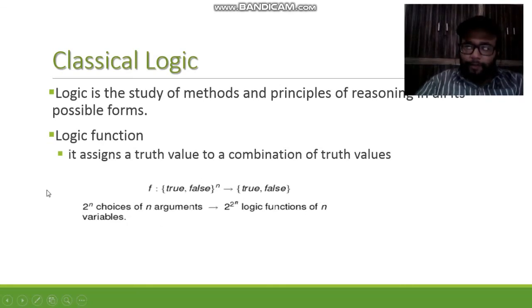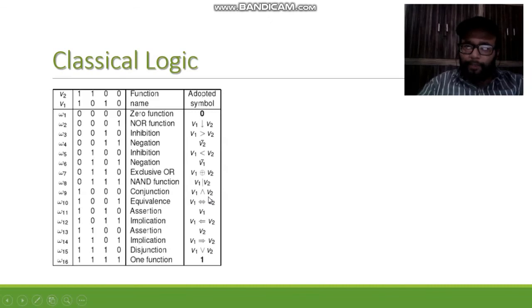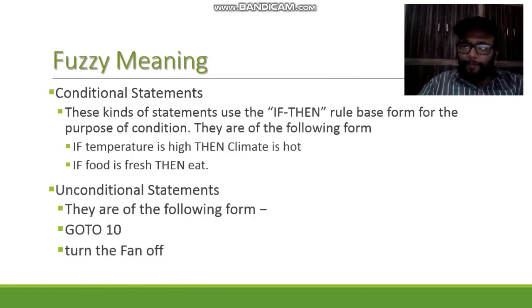Okay, so we are working on 2 to the power n choices for n arguments, and we have 2 to the power 2n logic functions. This is what we call classical logic. You can say they have two logics, v1 v2, and further combinations and formulations of these logics. Okay, this is an example, this will not come in the exam. For understanding purposes I have given you this example.